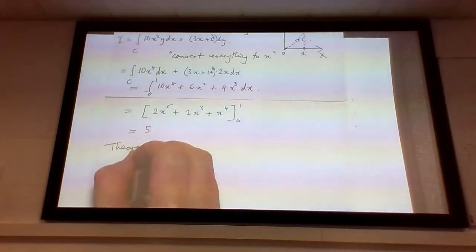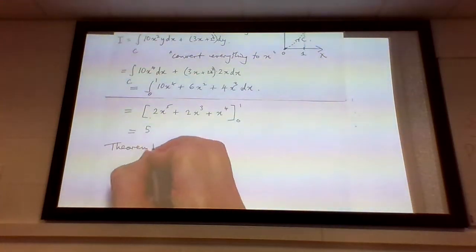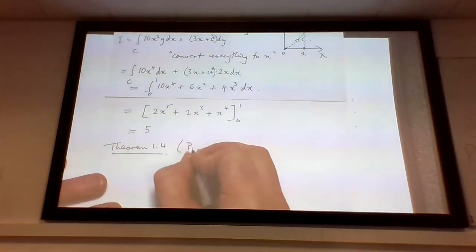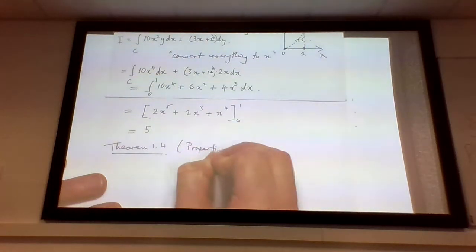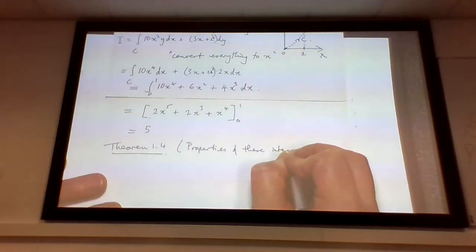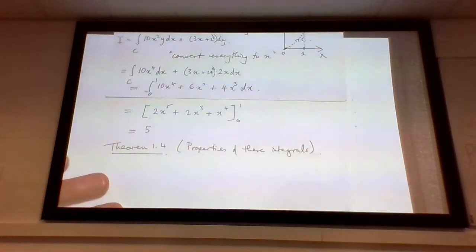But first of all, we'll have a look at Theorem 1.4, which just gives us some properties of these kinds of integrals that we need to be aware of and can use in our dealings with them.